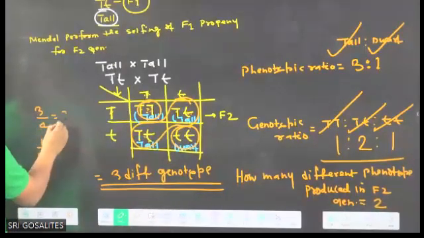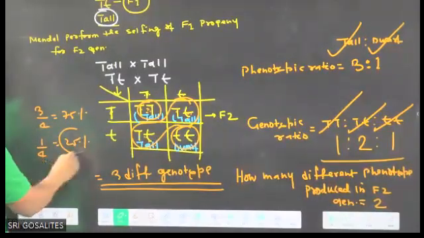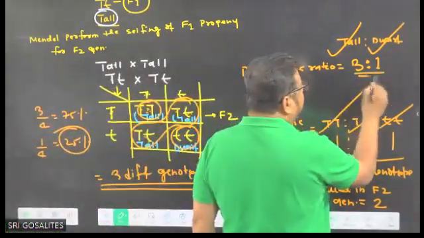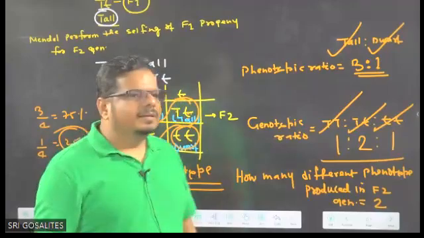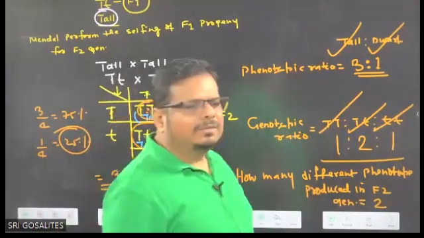So 3 by 4 is 75%, and 1 by 4 is 25%. That is the reason I wrote here that the phenotypic ratio is 3:1. Getting the idea? Is it clear?